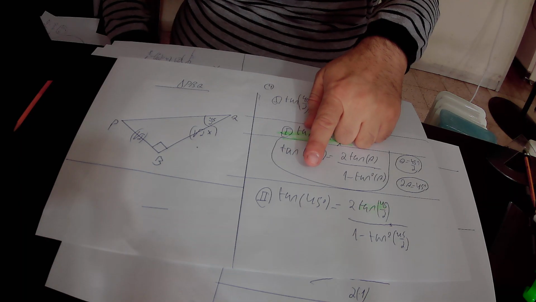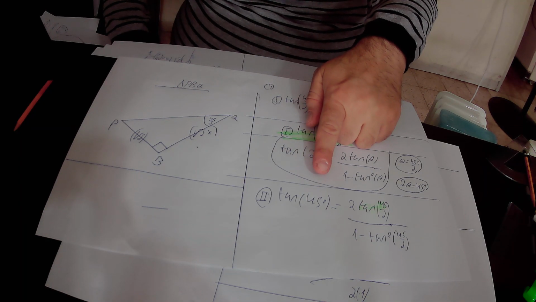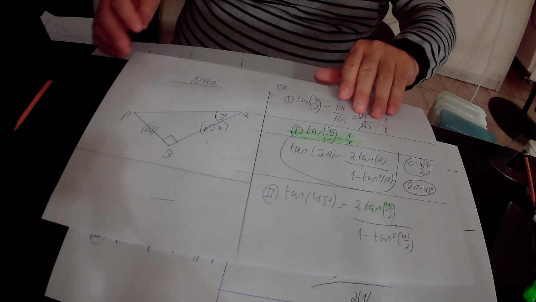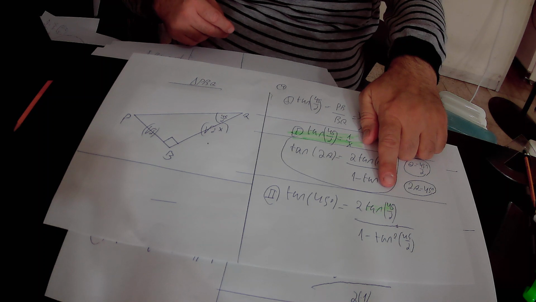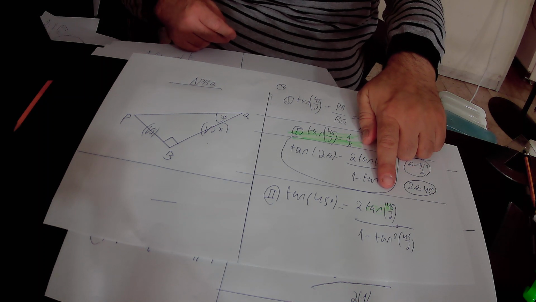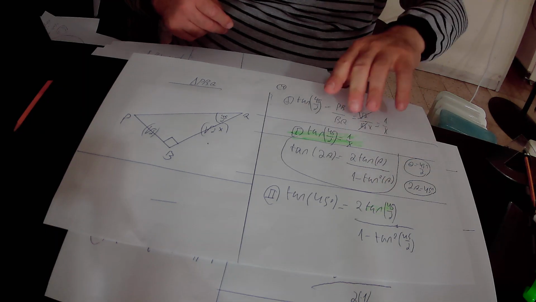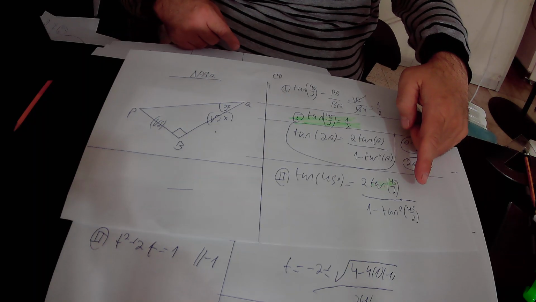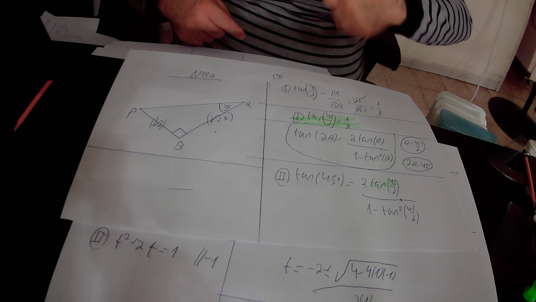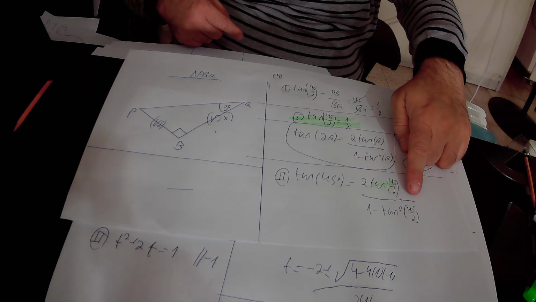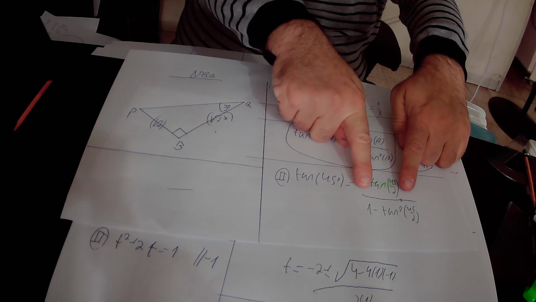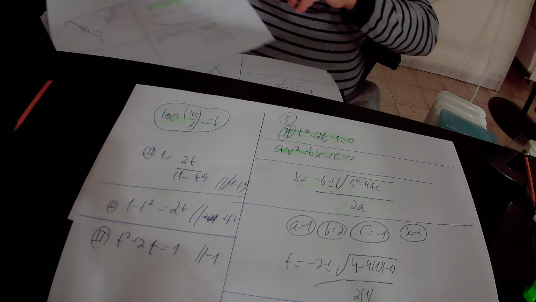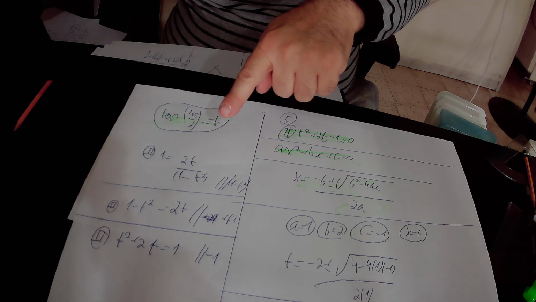And we found out that according to this equation, tangent 45 degrees is 1, and it equals 2 times tangent 45 over 2 degrees, which is t, over 1 minus tangent square 45 over 2 degrees. If tangent 45 over 2 degrees is t, then tangent square 45 over 2 degrees will be equal to t square. So in total, in the denominator, we have 1 minus t square. So in conclusion, according to equation number 2, 1 equals 2t over 1 minus t square.